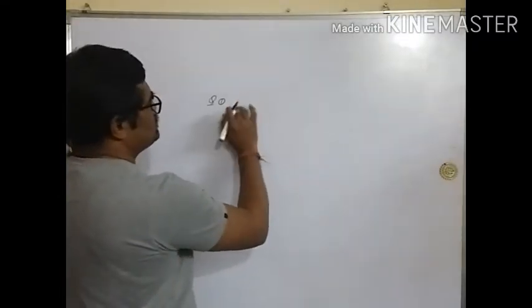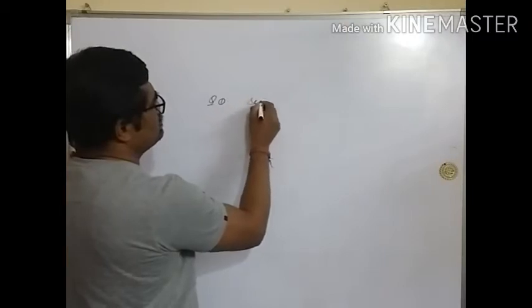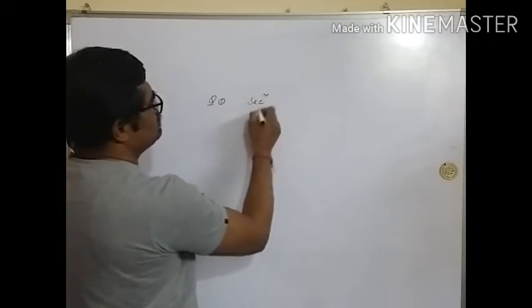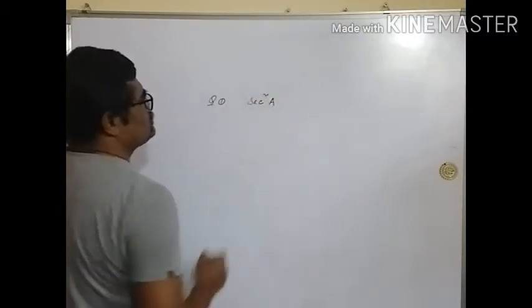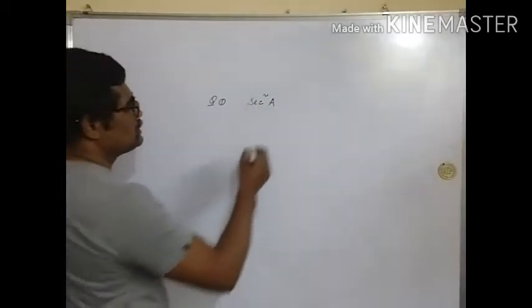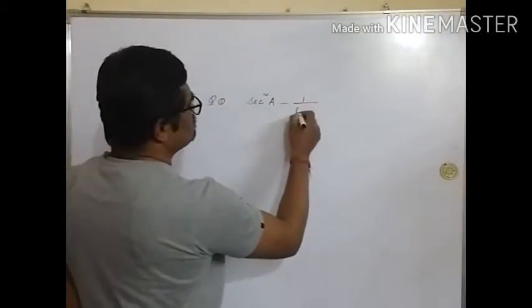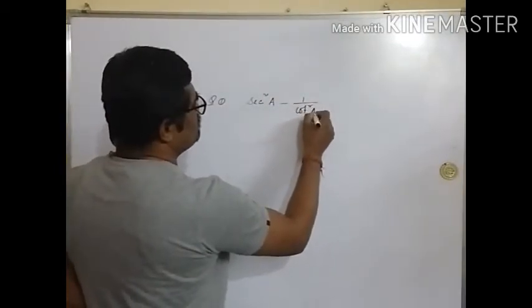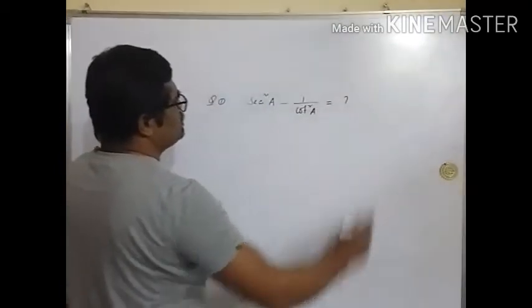Suppose someone is giving you sec square A minus 1 by cot square A equal to what?